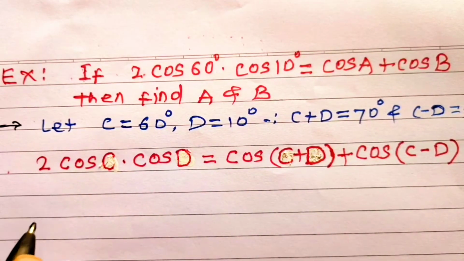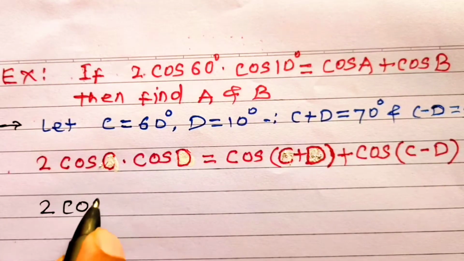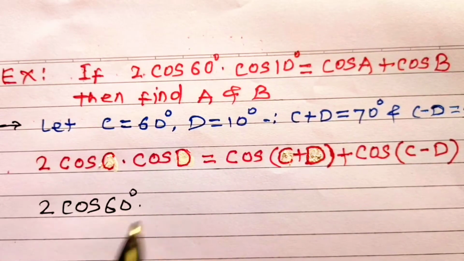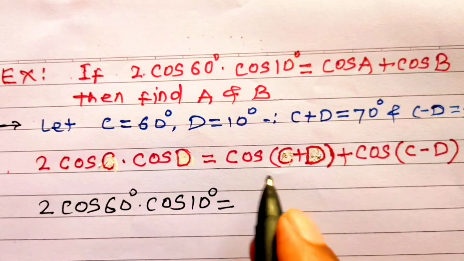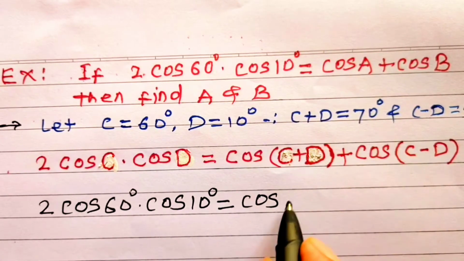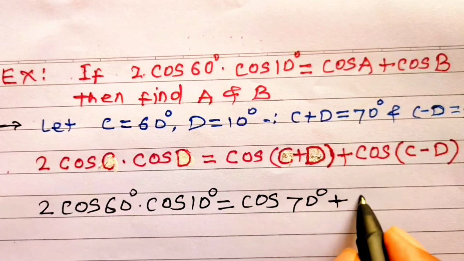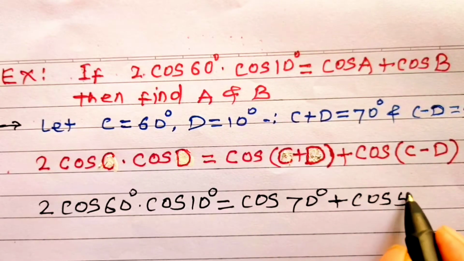Okay. So this can be written as 2 times cos of C is 60 degree into cos of D is 10 degree. This is equal to cos of C plus D is 70 degree plus cos of C minus D is 50 degree.